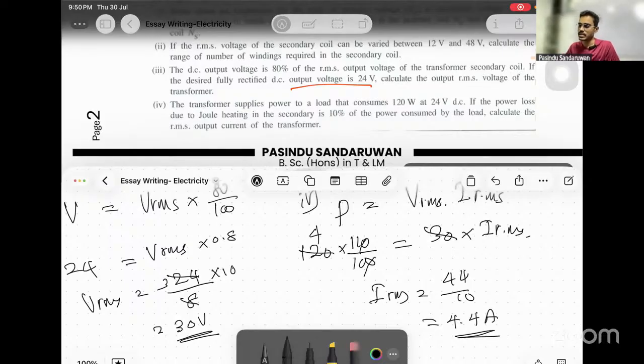Right. The last part is a little bit a creative part. Last part is a bit creative part. Right? A bit creative part, and that's a good part. 24 question. Right? 2024.